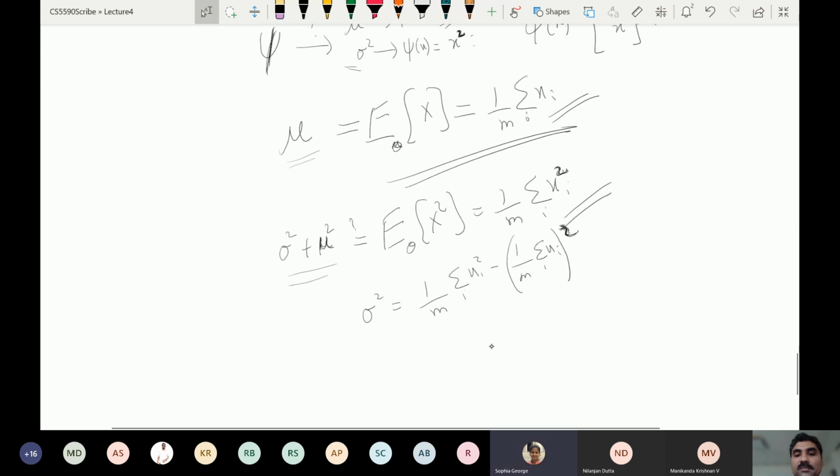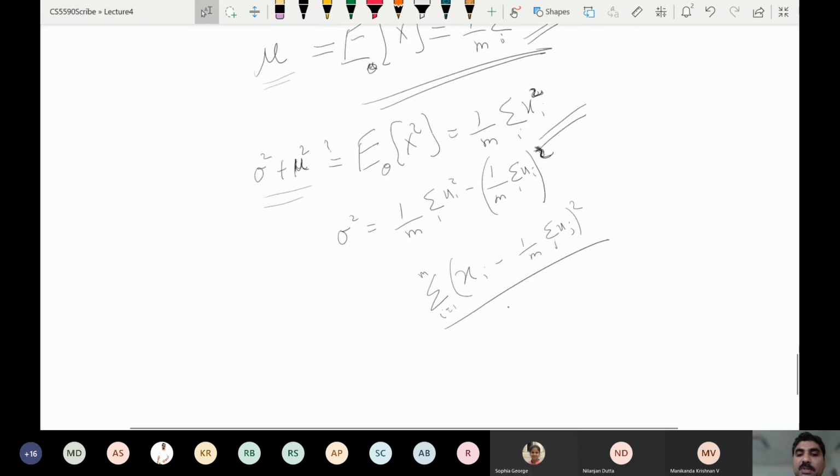Sum of x minus mu, whole square, by n minus 1. Right. There are two choices, by m or by m minus 1. Both choices are popular. So is this same as this or no?